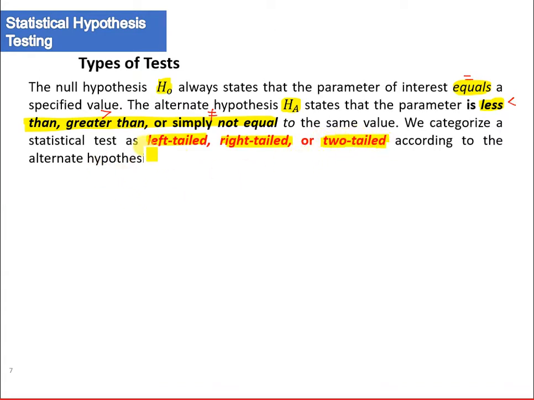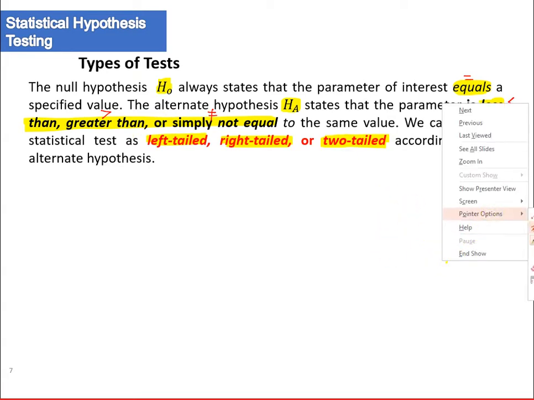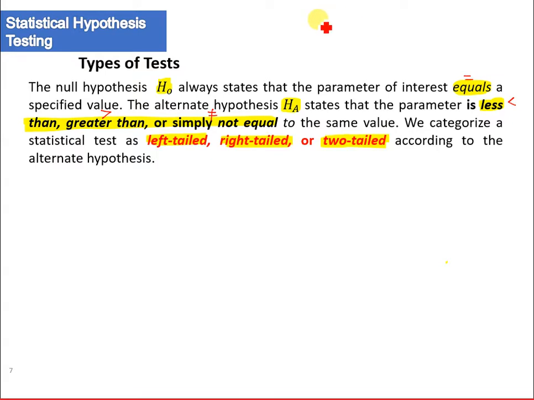As you can see, you get the idea from the name. Left tail: suppose this is the value of mu. This is the region where the values are less than mu, and this is the region where values are greater than mu.